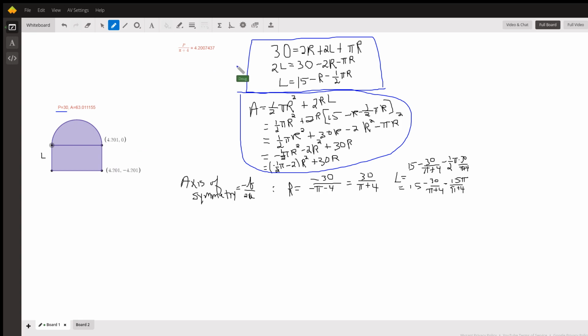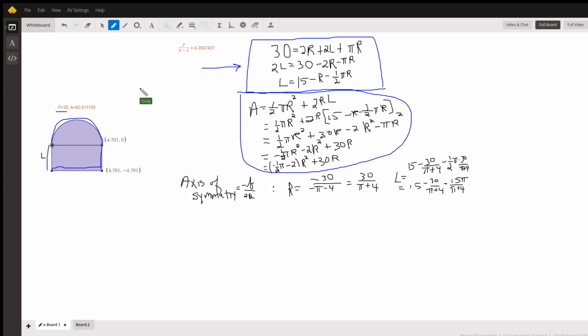One is we have to find an expression for L in terms of R. The perimeter, which is 30, will equal 2 of these R's, which is kind of the base of the rectangle, plus 2 L's, that's these two, plus the perimeter or circumference of a semicircle.